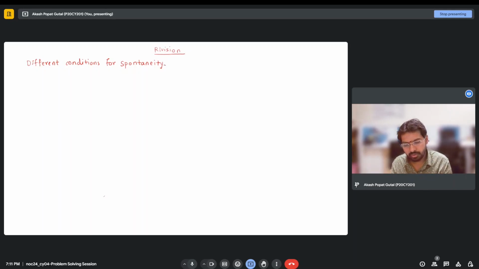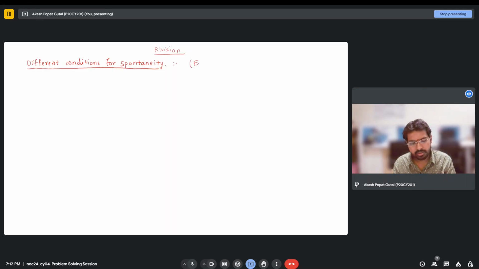So, we know that for a spontaneous process, entropy is always increasing, but entropy alone is not the only condition, not sufficient to determine whether a given process is spontaneous or not.